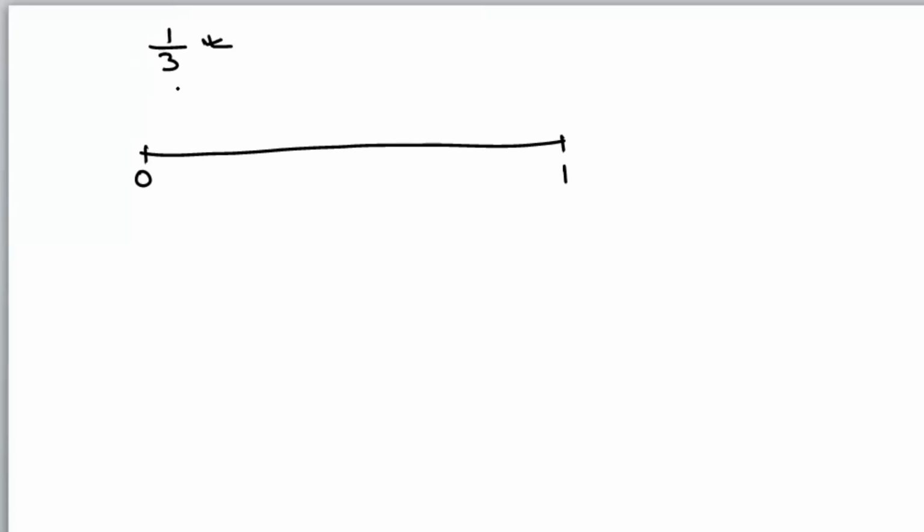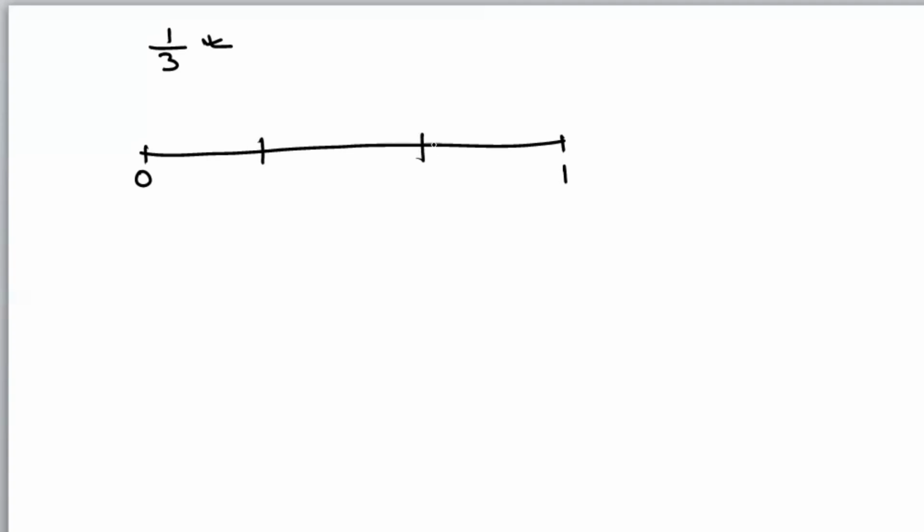The denominator shows the number of parts the interval between 0 and 1 is to be divided into. Here it is 3, which means we have to divide it into 3 equal parts: 1, 2, 3.